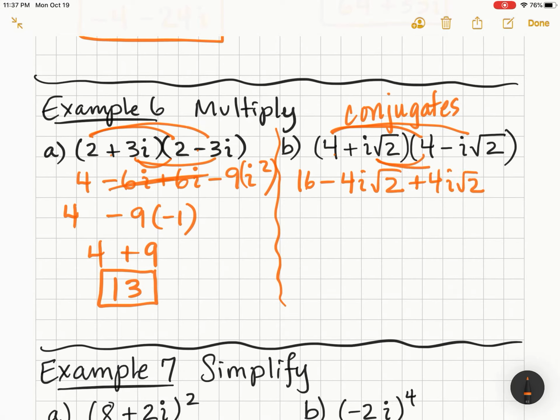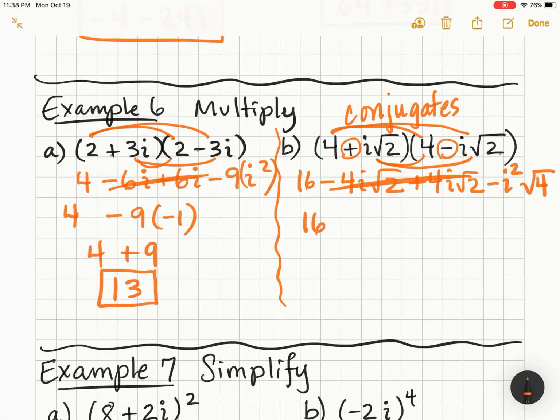And last is where it's going to get crazy. We got positive times negative, so that's negative. We got i times i, that's i squared. Radical 2 times radical 2 is radical 4, which is just 2. So remember, those are the same, they cancel.